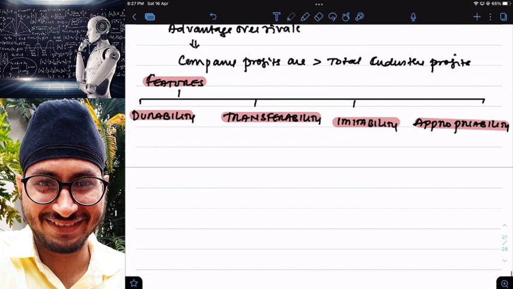Durability means the period for which a business has competitive advantage.